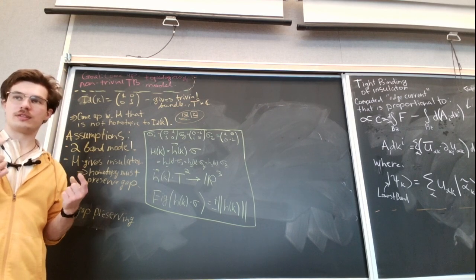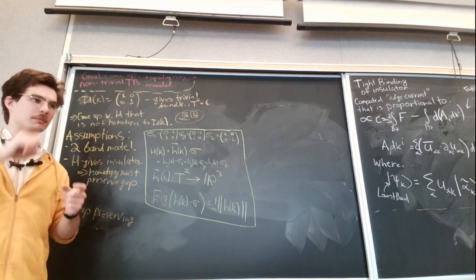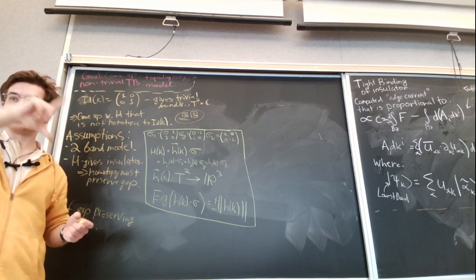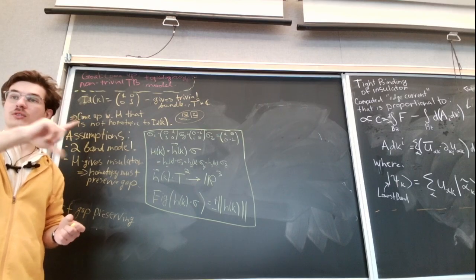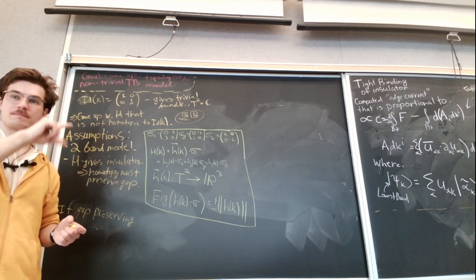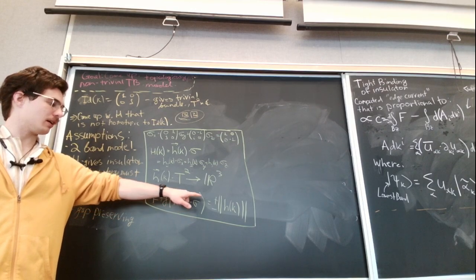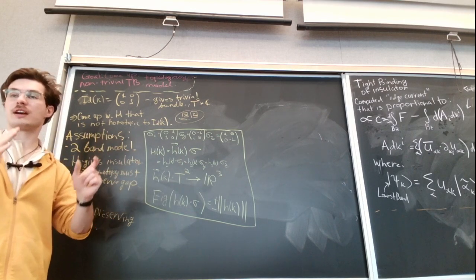If I always have a gap, that means there's always some finite difference between the two eigenvalues. Do you agree? But I told you that the eigenvalues in this case are plus minus the length of this h of k vector.